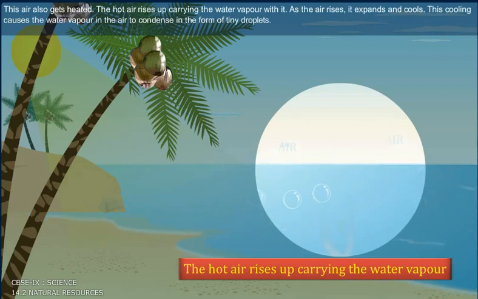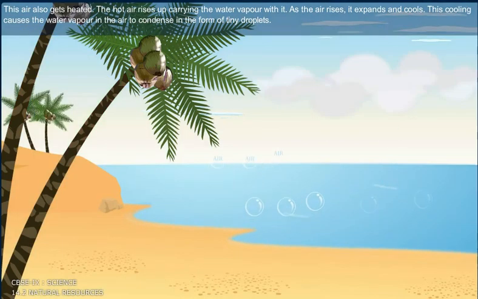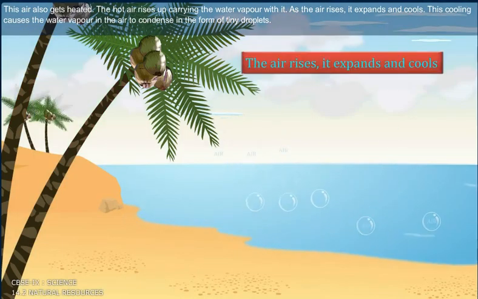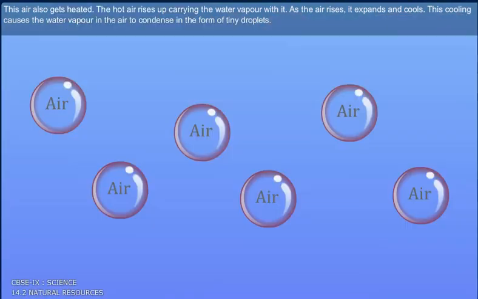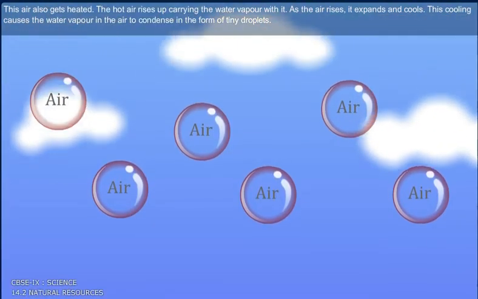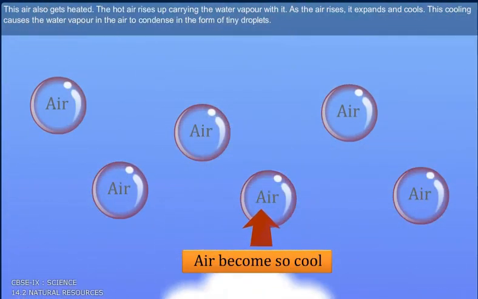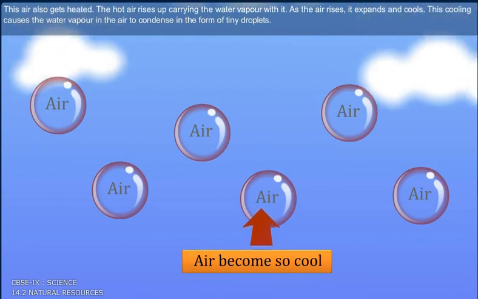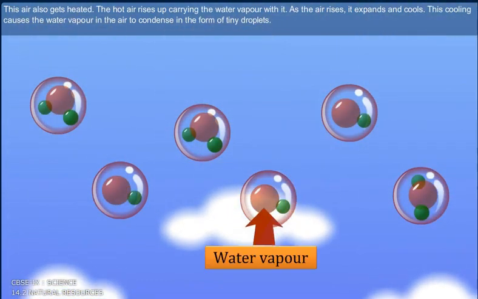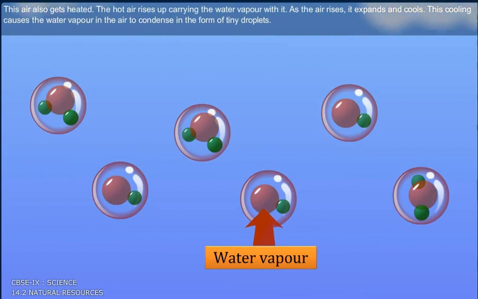This air also gets heated. The hot air rises up, carrying the water vapor with it. As the air rises, it expands and cools. This cooling causes the water vapor in the air to condense in the form of tiny droplets.